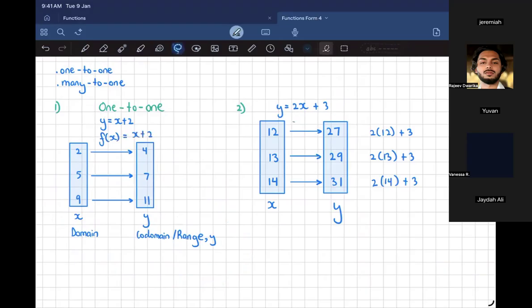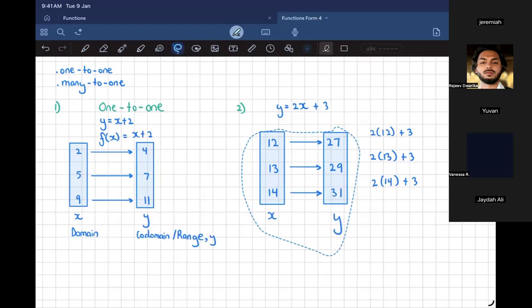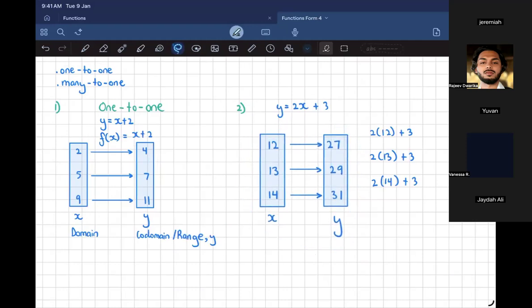Instead of writing y is equal to 2x plus 3, you might see this in the exam. You might see g of x is equal to 2x plus 3.